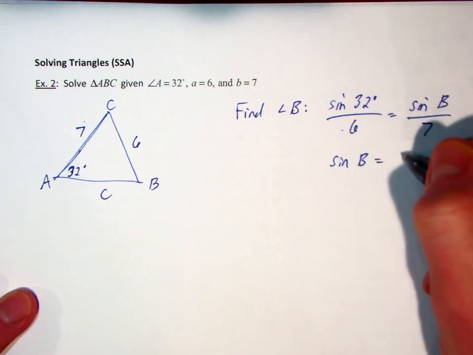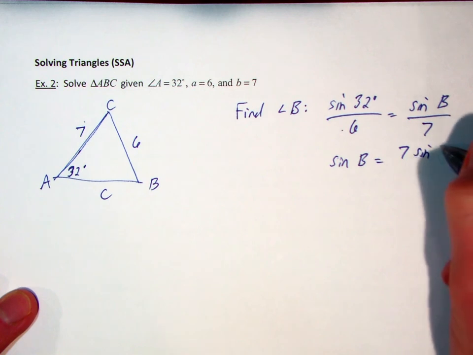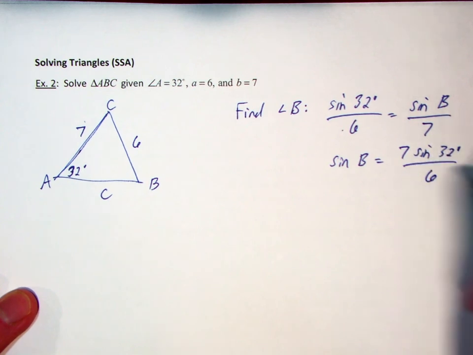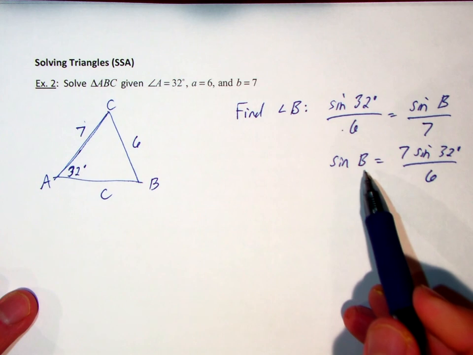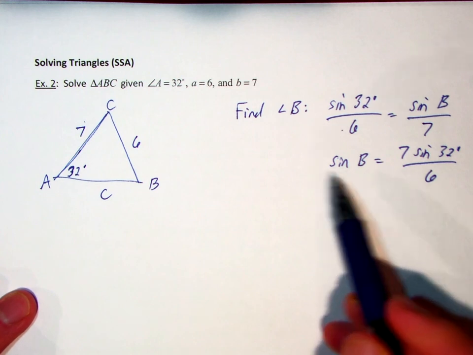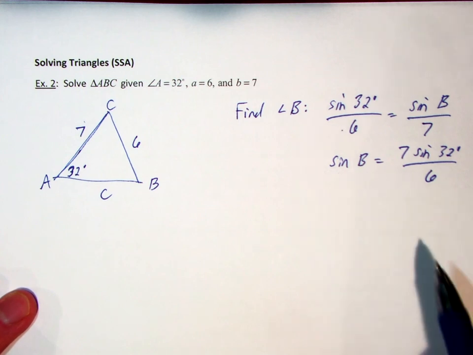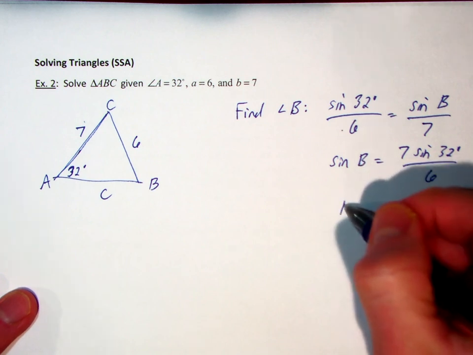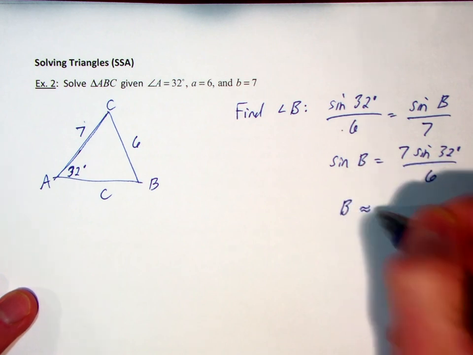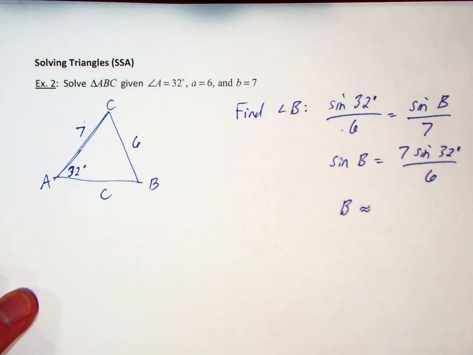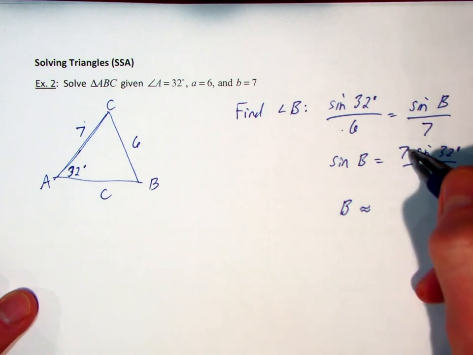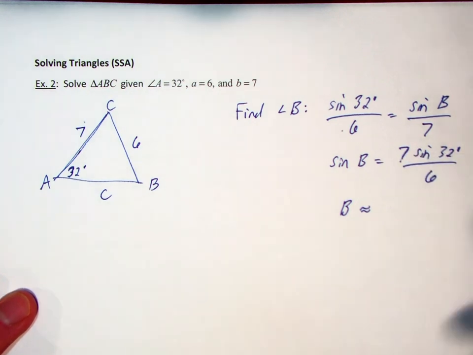Sine of B is 7 times the sine of 32 degrees over 6. Now, I have to solve for B. How do we get rid of the sine function? That's where we use the inverse sine function. And that's what a few of you forgot on your Chapter 4 test, which unfortunately I wasn't able to pass back. But some of you forgot to do that when you were solving for angles on that.